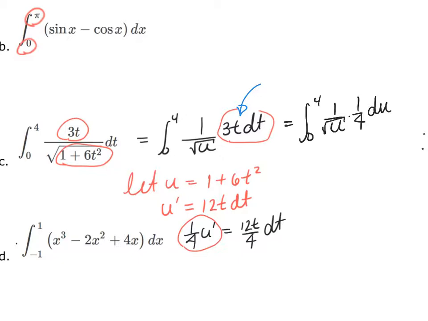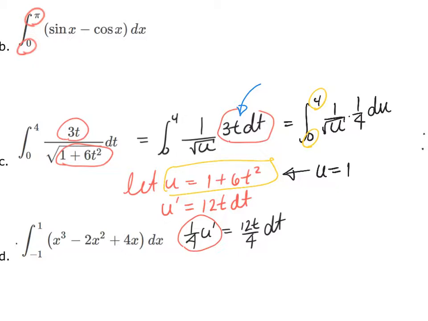So I have to change these limits here because I changed from 1 plus 6t squared to u. The way I do that is I just plug in those values and figure out what u would be, the lower and the upper. So if I plug in 0, u is going to be 1.